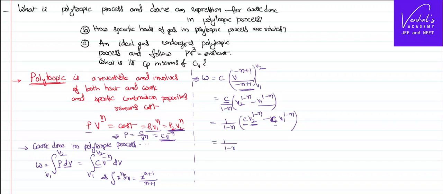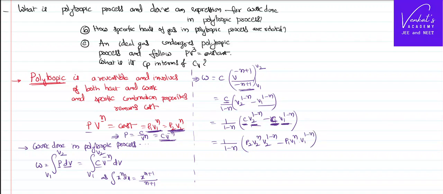That implies work done equal to 1 by 1 minus n into, in the place of C, P2 V2 power n multiplied by original term V2 power of 1 minus n, minus, in the place of this C, as the neighboring term is V1, I will write it in terms of ones, that is P1 V1 power n, and multiplying term is V1 power of 1 minus n.